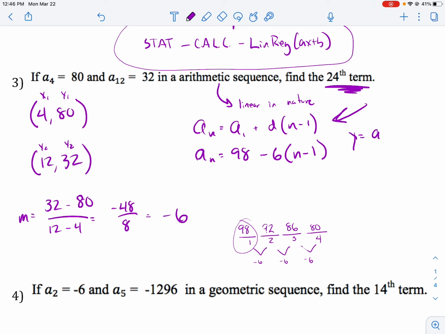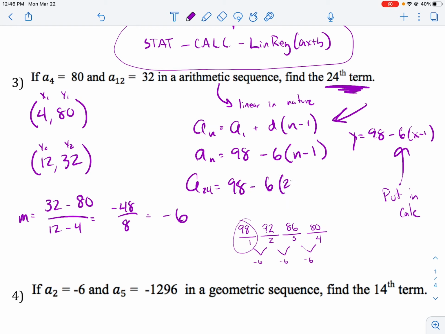In this case, we already know those values, so a1 would be 98 minus 6 raised to the x minus 1. You can put that into your calculator, and it'll give you your 24th term by looking at your table of values.